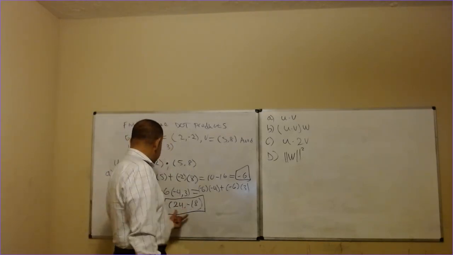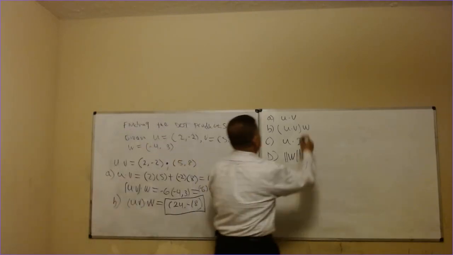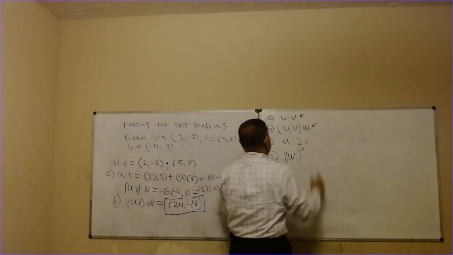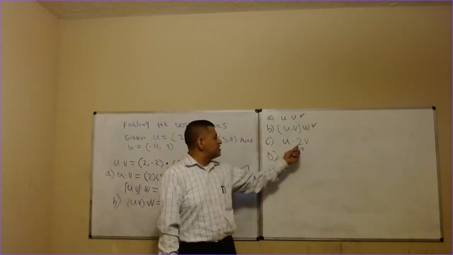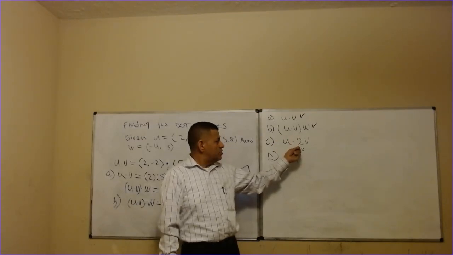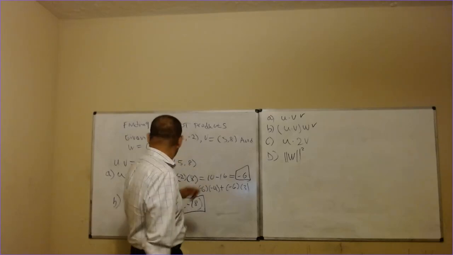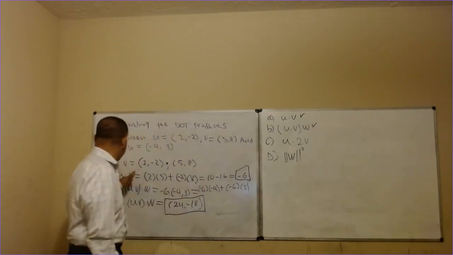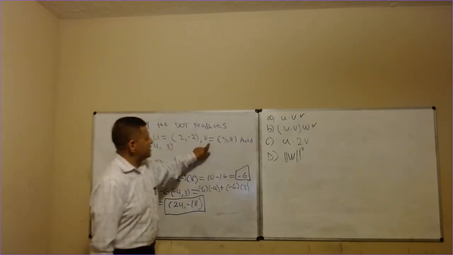So I already did A and B. We need to do this. And notice what they are asking for. They are asking for the vector v 2 times. So what is vector v? This is vector v.